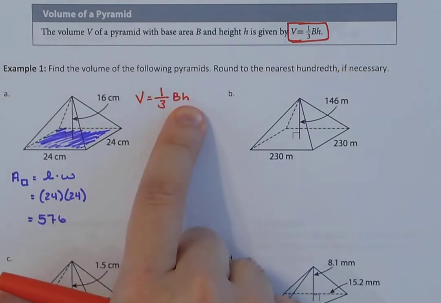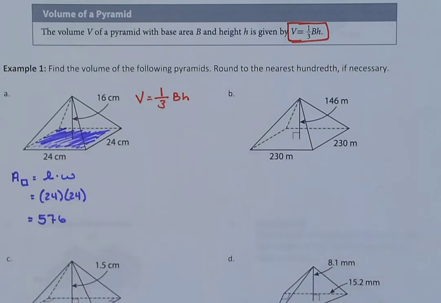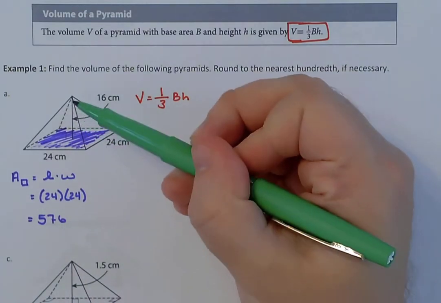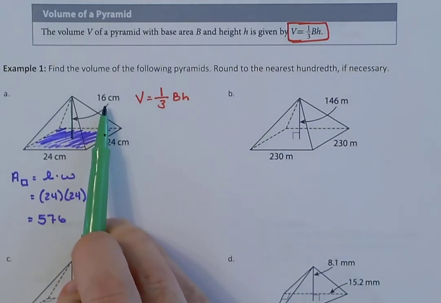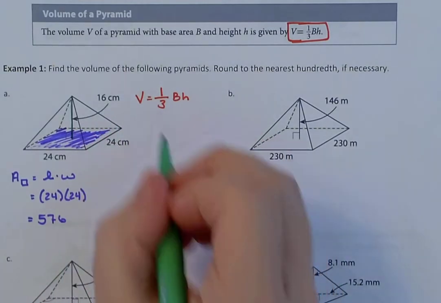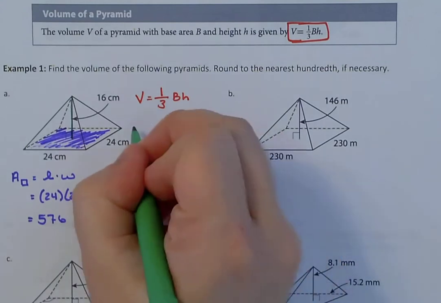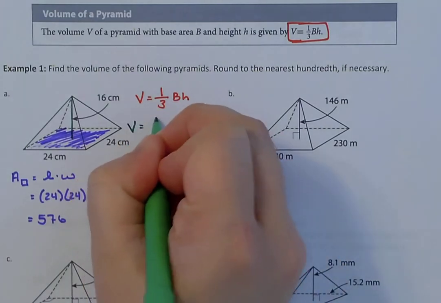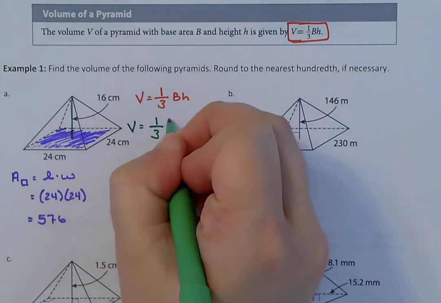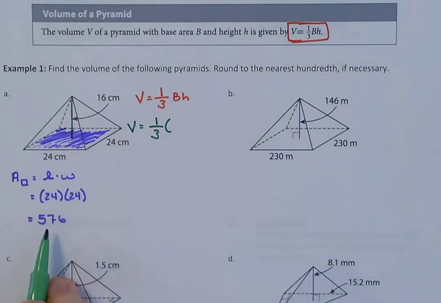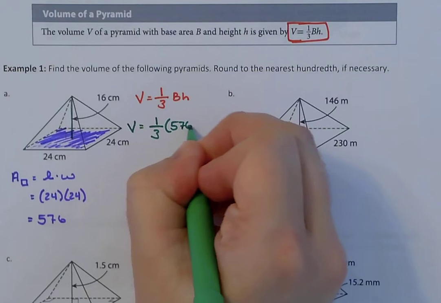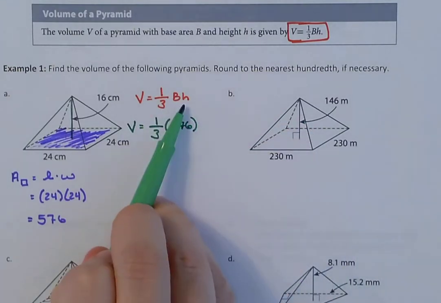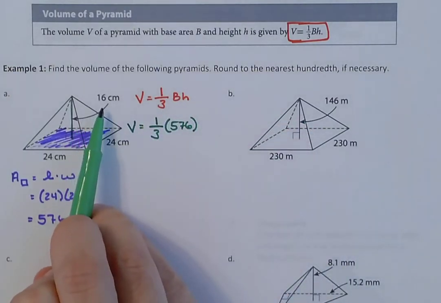The only other thing we need is the height of the pyramid, which they tell us right here is 16 centimeters. So if we plug everything into the formula, that's V equals 1/3 times the area of the base, which is 576, times the height of the pyramid, which is 16.